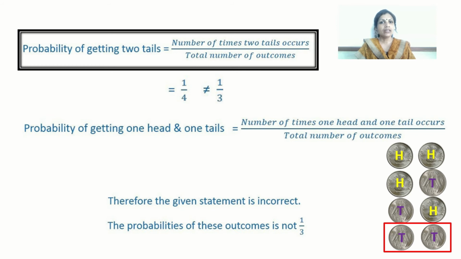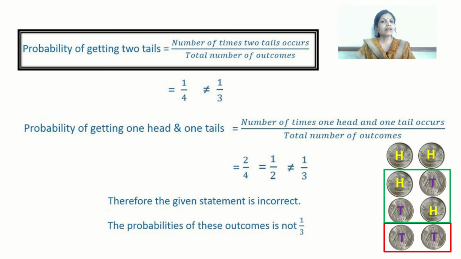Let's check the third thing which they have asked, the probability of getting 1 head and 1 tail. And if you see the possible outcomes, we get 1 head and 1 tail 2 times. So our formula is the number of times 1 head and 1 tail occurs divided by the total number of outcomes. If we substitute the value, it is 2 by 4. If you reduce it, it is 1 upon 2, which is again not equal to 1 upon 3.